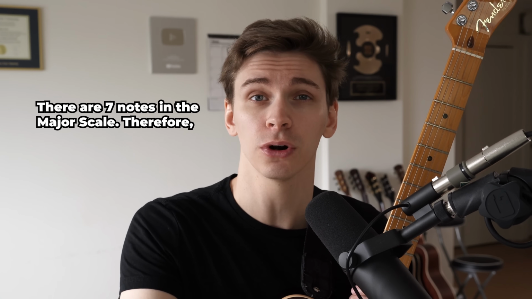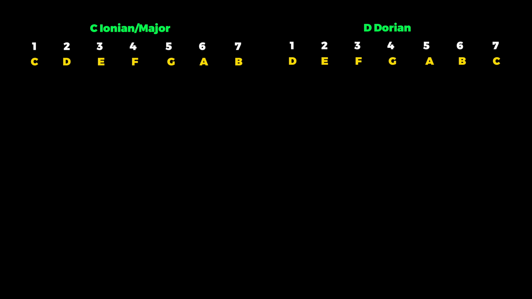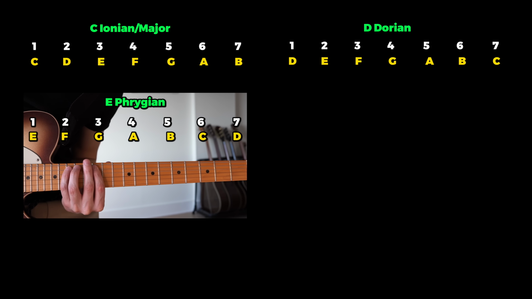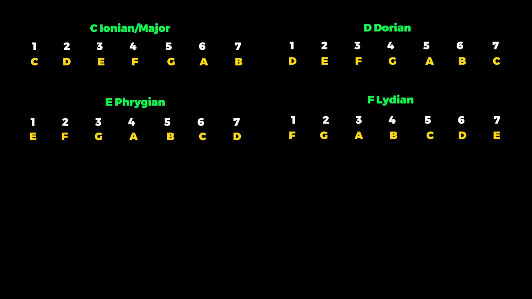All of the modes are like this. There are 7 notes in the major scale, therefore there are 7 modes. So now starting off the 3rd, we have E Phrygian. We're starting on E this time, but again, E Phrygian and C major have the same notes. The next mode would be F Lydian.